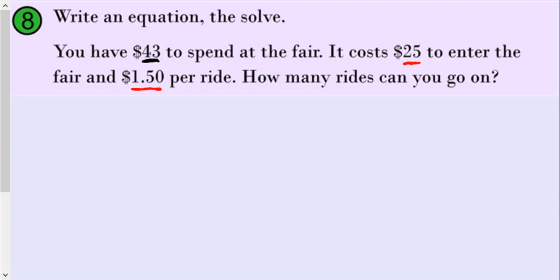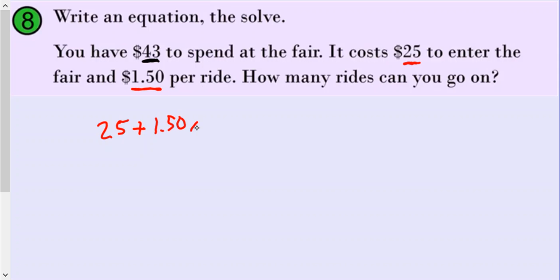Okay, so for our equation, we're going to start by, we have to spend $25 to enter the fair, so $25, and then it's going to be plus $1.50 per ride. So our variable is going to be the number of rides.